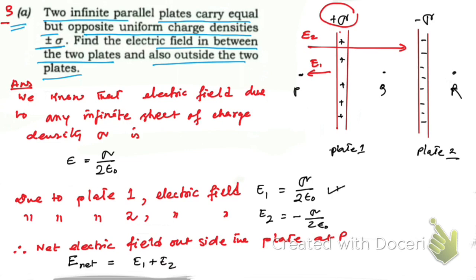If you use these two values, you will get sigma by 2 epsilon naught minus sigma by 2 epsilon naught, which is equal to 0. This is the electric field outside the parallel plates, right?